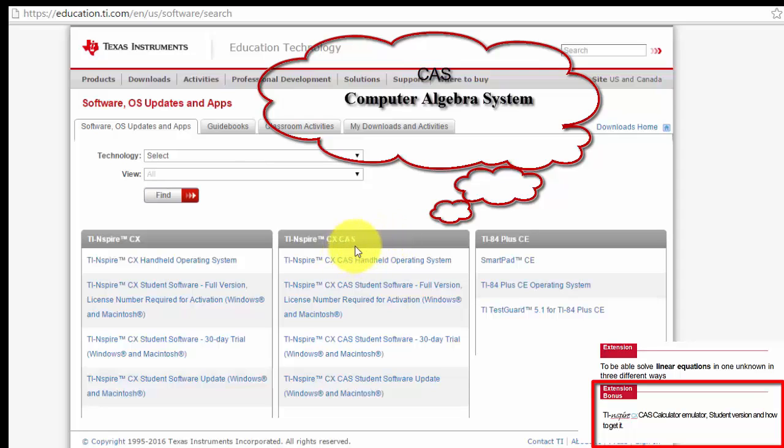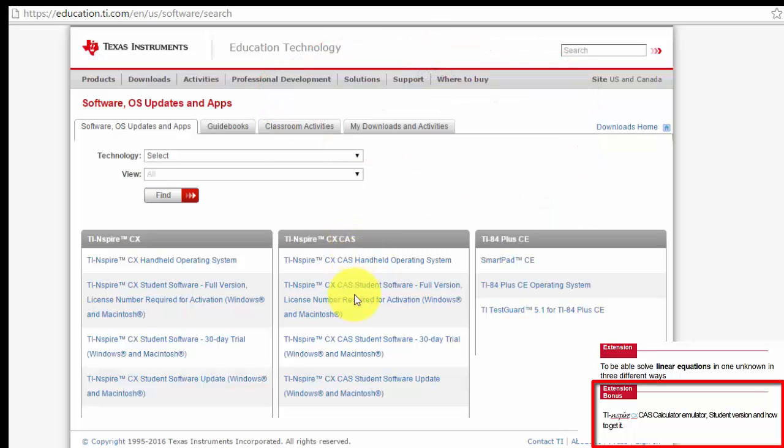So actually here it allows you to buy the student software, and if you have bought the calculator version that comes with one of these, then you can download from here and activate it with the key that comes with it, or you can use the one on the CD and update it. But alternatively, you get this one.